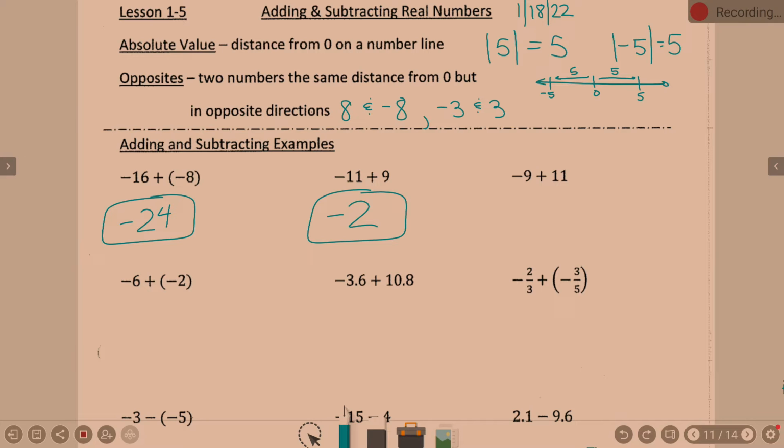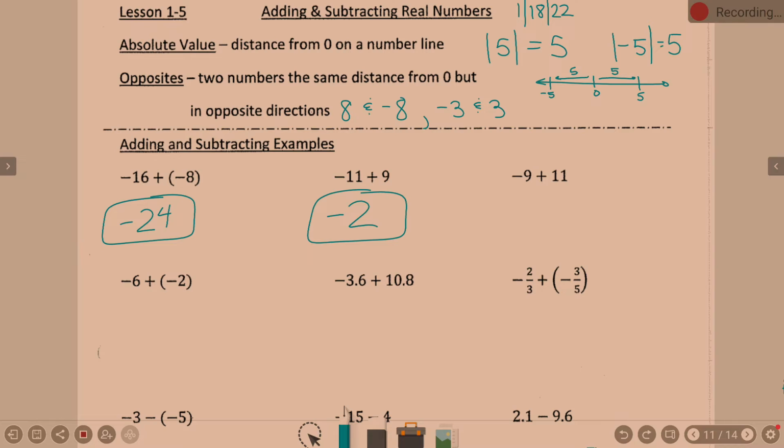Negative 9 plus 11. Thoughts on negative 9 plus 11? Yeah, negative plus a positive, if you want to look back here. Actually, that's the rule we just did, isn't it? What are we thinking here? 2, she says timidly.